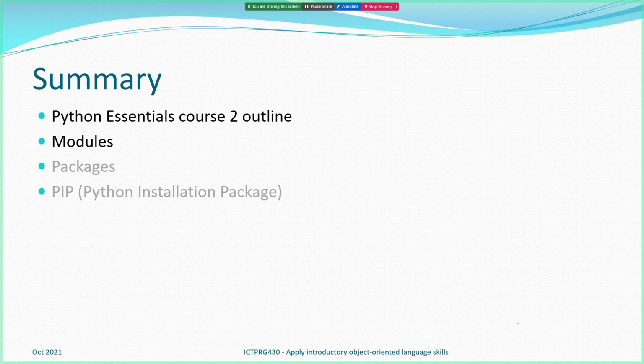So we did a little bit of modules in Essentials 1, but this time we went through expanding on how we can import it, how the names can impact our program, because there could be duplicates, how we can overcome that using aliases.